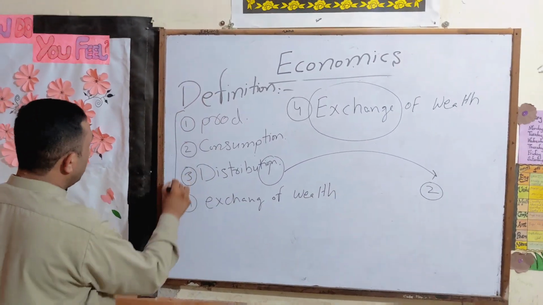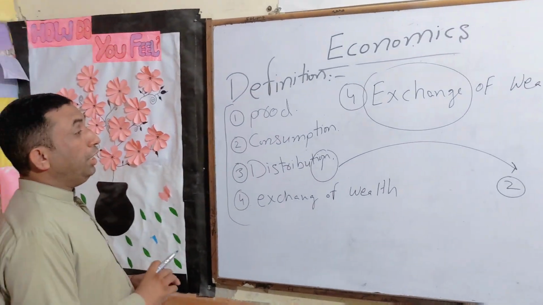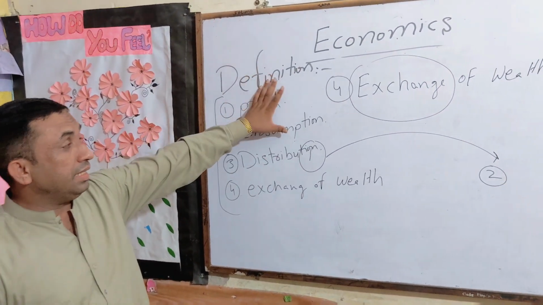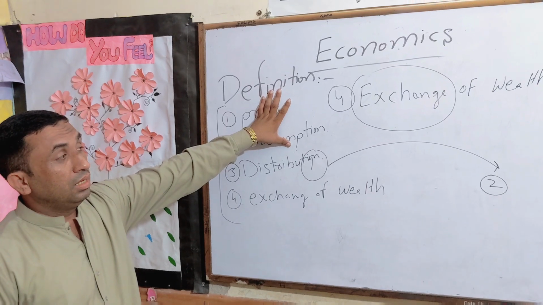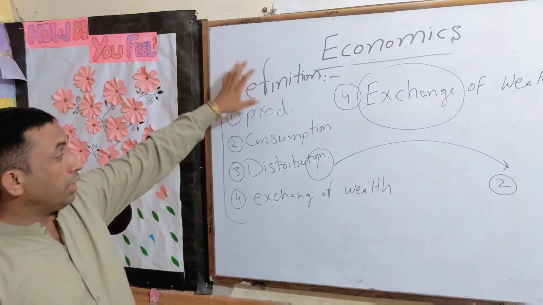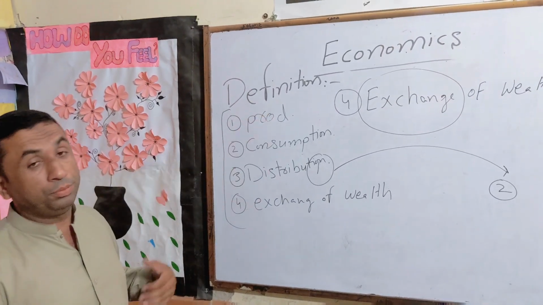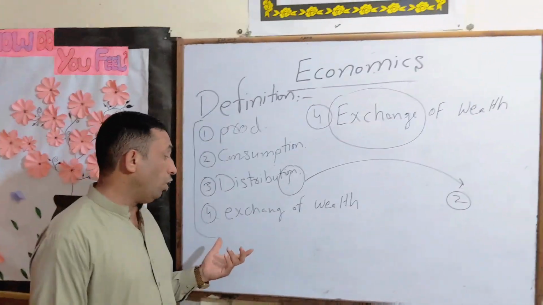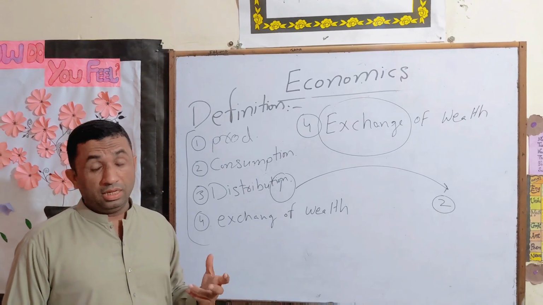That is called economics. It means economics is a science that deals with wealth: how we can produce the wealth, how we can consume the wealth, how we can distribute the wealth, and in the end, how we can exchange the wealth.